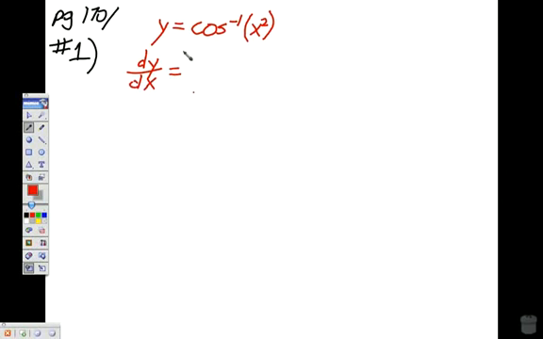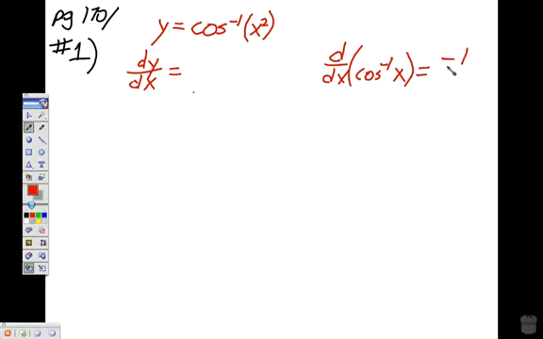So the way that I'm going to discuss in this video assumes that we have memorized the formula, the rule, for what the derivative of the inverse cosine function is. So we're going to assume that you have memorized the fact that the derivative of the inverse cosine is, this would be the time for you to say what the inverse cosine derivative is, because we're assuming you've got it memorized.